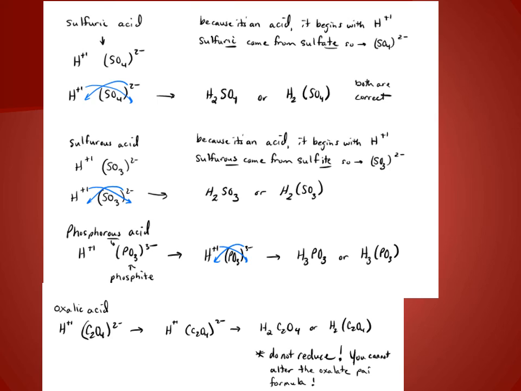Do not reduce. You cannot alter the oxalate polyatomic ion formula. If you try and reduce this and you start messing around with this 2 or this 4, it's no longer oxalate on paper. And there's no way to get it back somehow as far as reverse engineering your reduced answer to create this acid again. So it would just be an incorrect formula at that point if you reduced it. So be careful. You will never reduce acids, just like you will never reduce the other covalent type 3s.